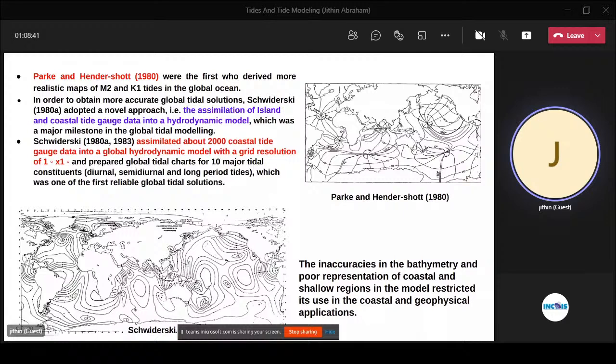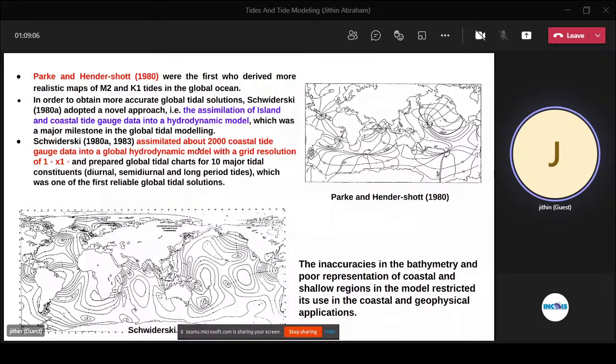In the figure at the bottom, the left side shows the tidal map produced by Schwiderski in 1980. It is more realistic and very close to the present map of tidal amplitude in the ocean.